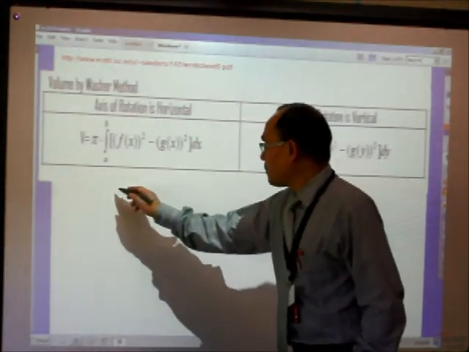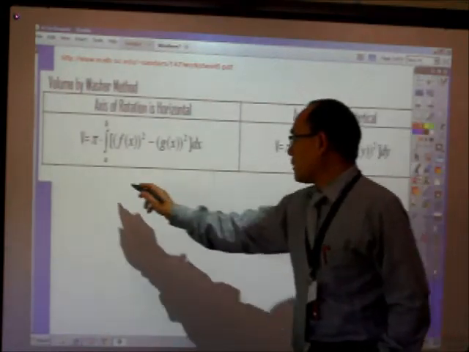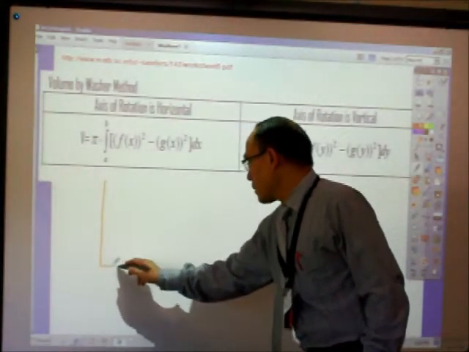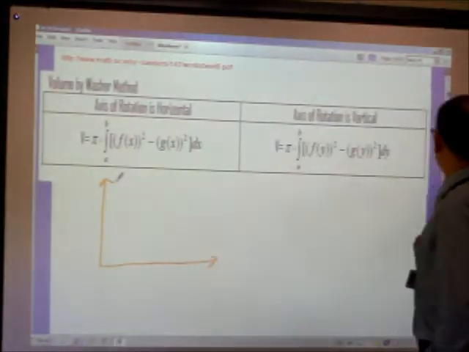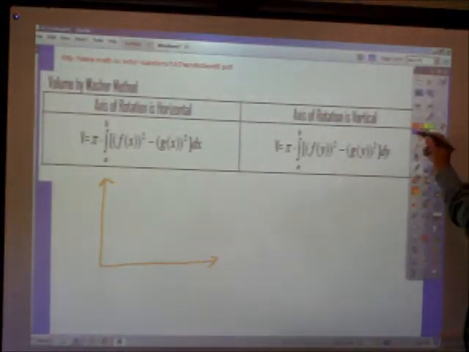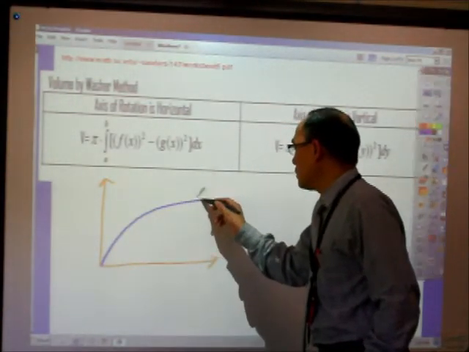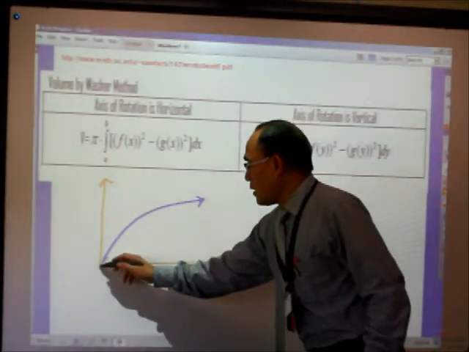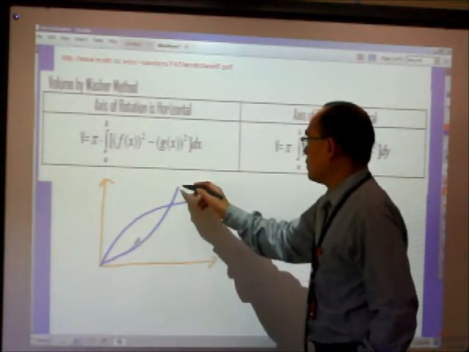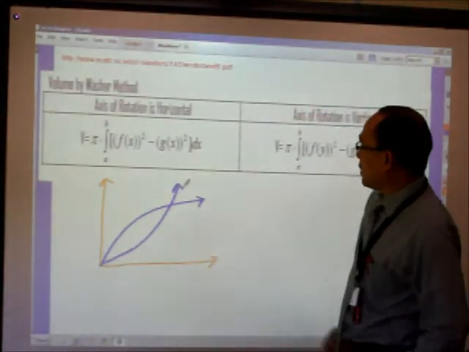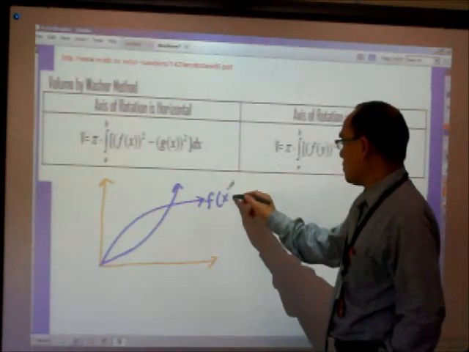So basically, if we have two functions, for example, this is the first function and this is the second function. We will call this f of x.